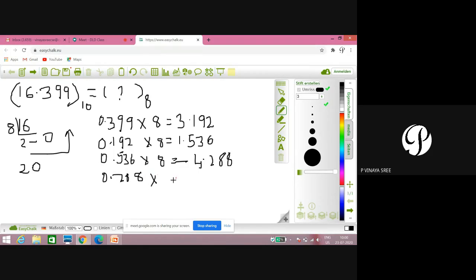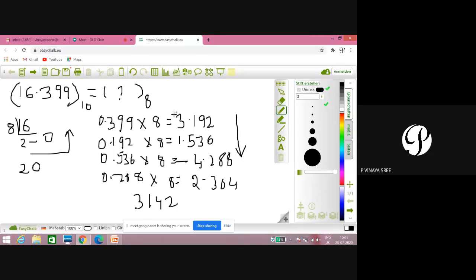Next, 0.288 into 8 equals 2.304. From top to bottom we have to take the integer parts, so for the decimal fraction 0.399 it is 3, 1, 4 and 2.